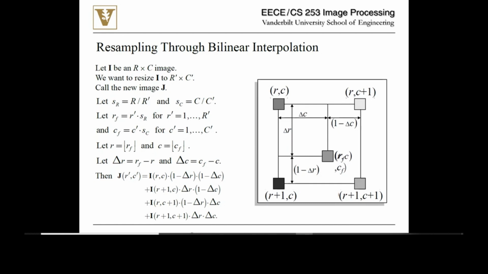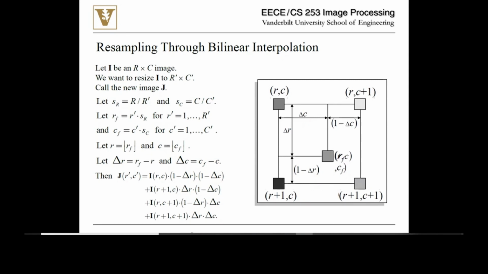So what is the distance between my 7.1 and my 7.3, 1.5? In columns it is 0.5, and in rows it is 0.3. So this is the delta C, this is the delta R, this is the fractional part. Here is the integer part, this is the fractional part.